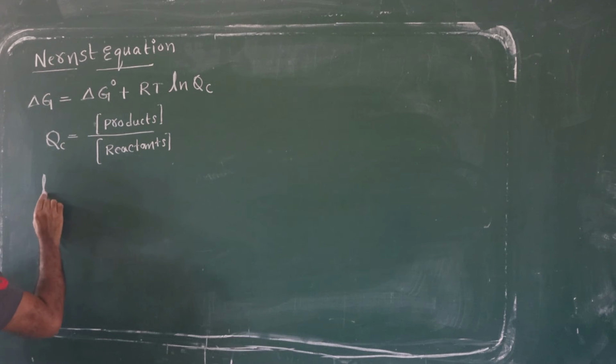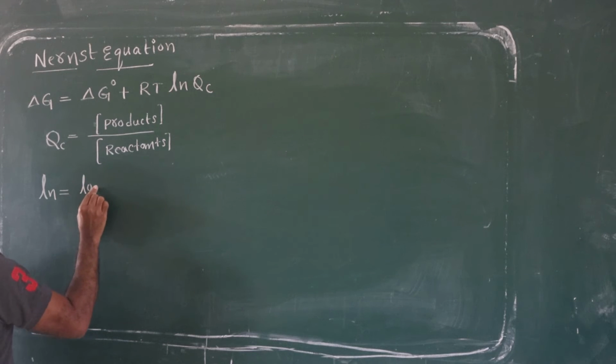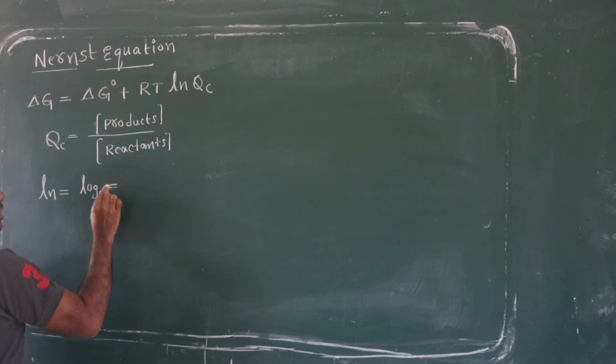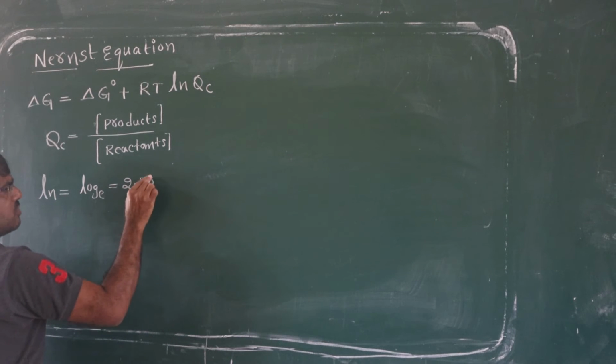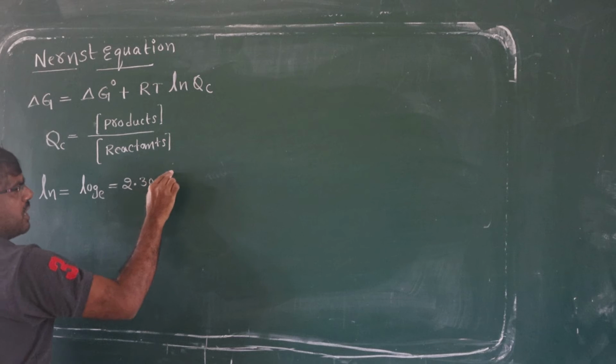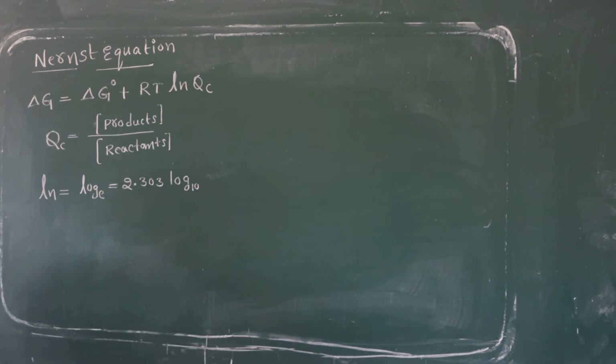Next, ln is the natural logarithm, so we can write log base e. If we want to convert log base e into log base 10, we multiply it by 2.303, log base 10.